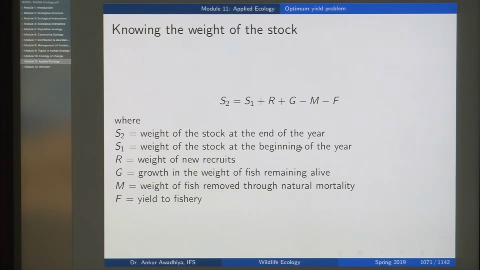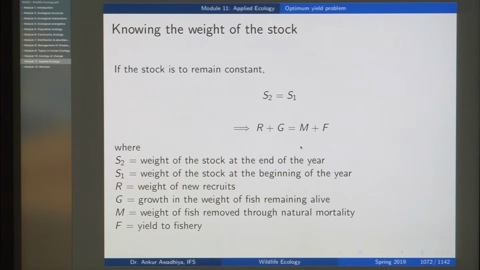Now, in the case of weight, we have this equation: S2, which is the weight of stock at the end of the year, is equal to S1, which is the weight of the stock at the beginning of the year, plus the weight of the new recruits, that is the organisms that were born, plus the growth in the weight of the fish or animals that are remaining alive in the system, minus the weight that is removed because of natural mortality, minus the weight that is removed because of fishery or the poaching operation.